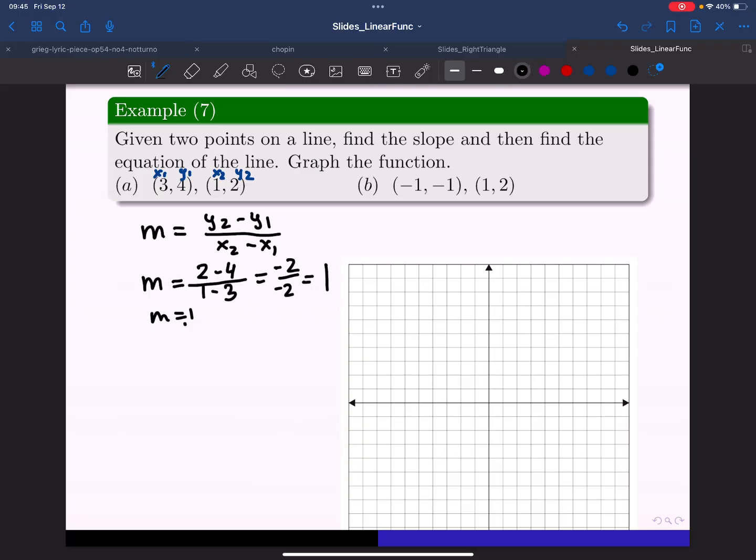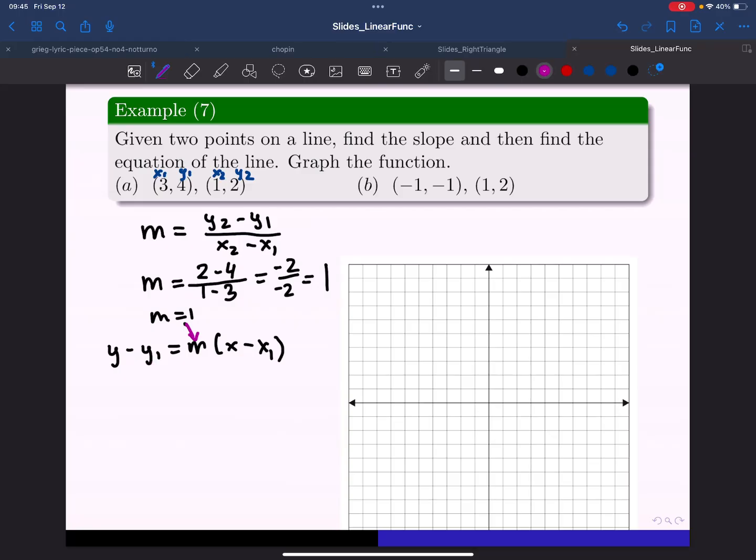The formula for the equation of a line is y minus y1 is equal to m times x minus x1. My slope is 1, and I need 1 point, so we can choose this point, 3 and 4, and we substitute for x1, and for y1.